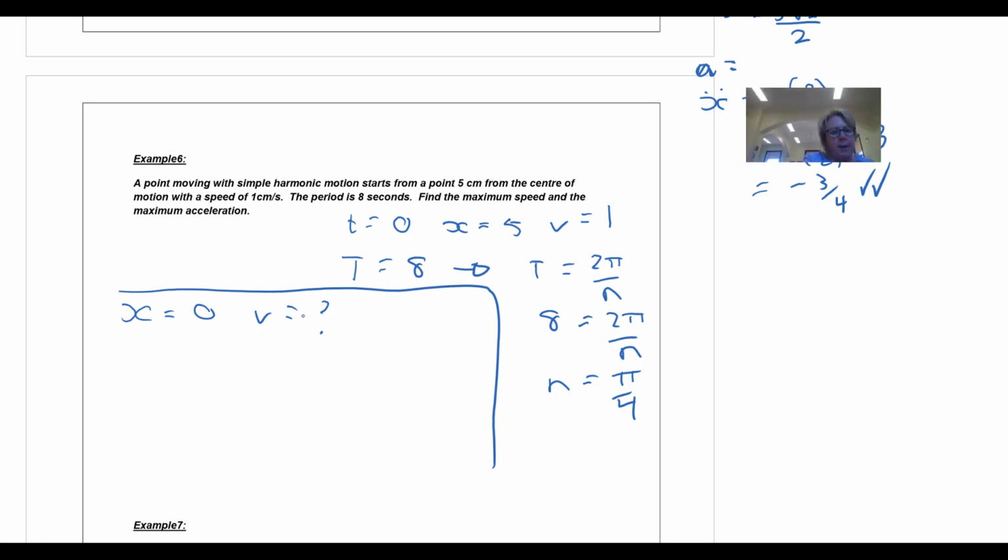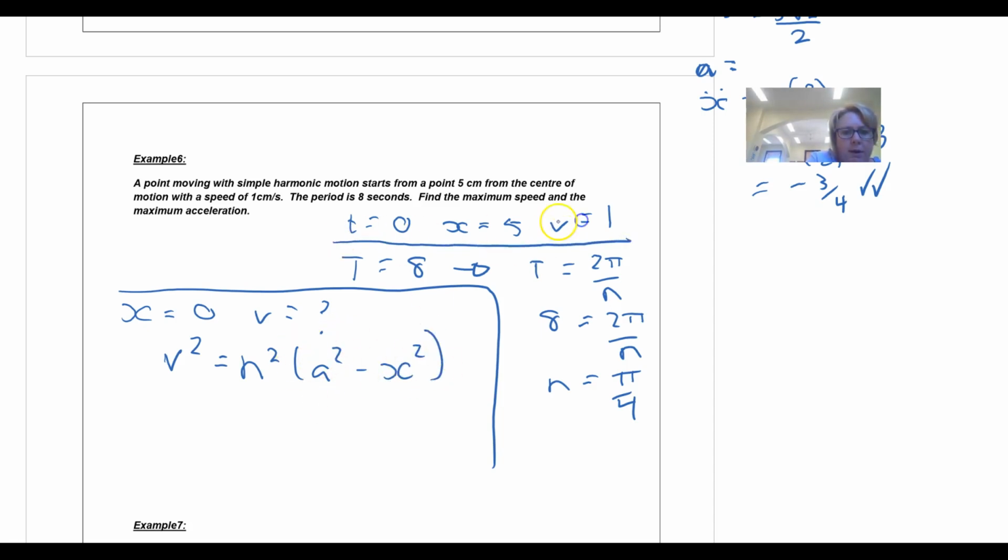Okay, so when x is 0, I've got to sub into my formulas. Which formula am I going to use? I'm going to use v squared equals n squared (a squared minus x squared) to find a, because I've got this information up here that v is 1 when n is pi on 4, and a I'm trying to find, and x is 5.